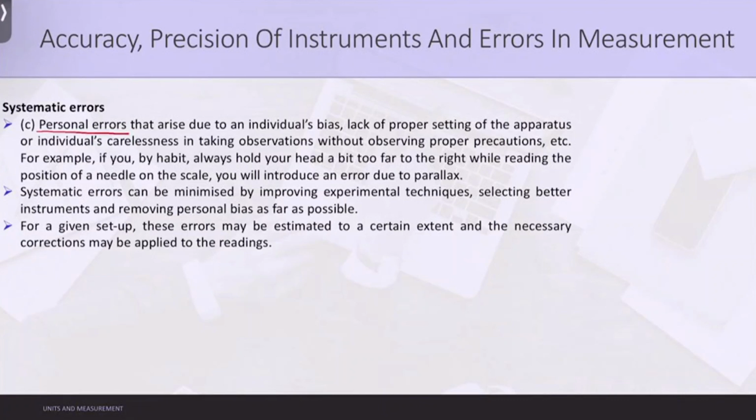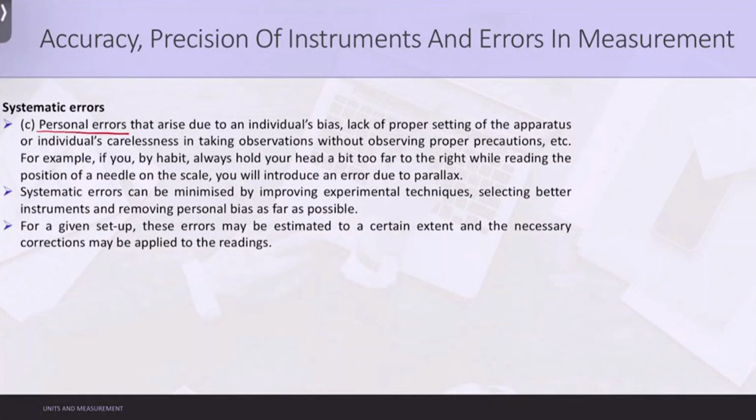Let's say you need to measure something using a vernier caliper. One of the principles of the vernier caliper is that the above line should coincide with the below line. There's a vernier scale, there's a main scale. One of the procedures in which we take the answer is that the graduations of the above line should coincide with the graduation of the below line.